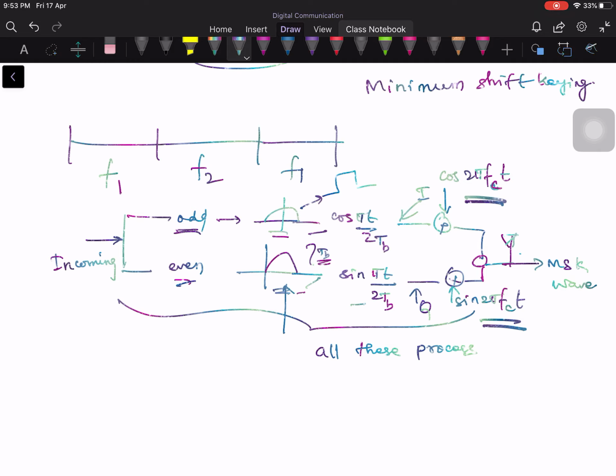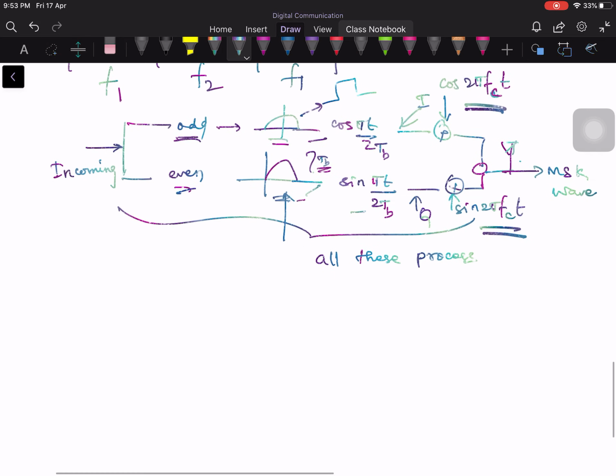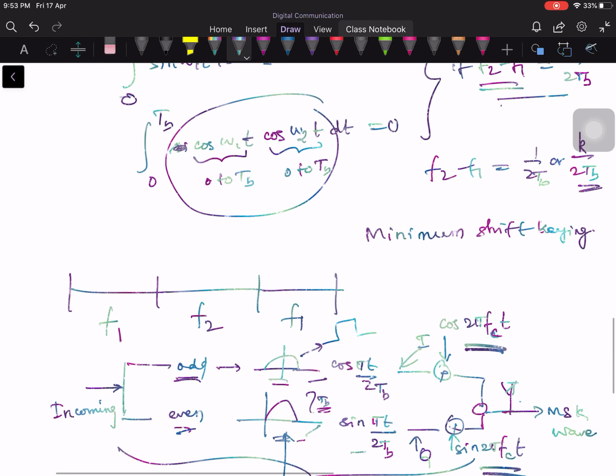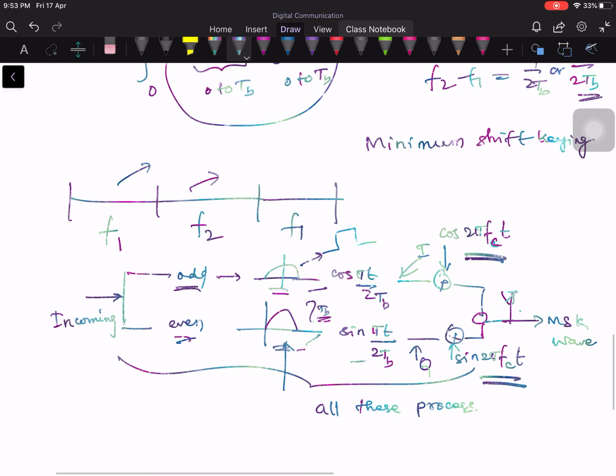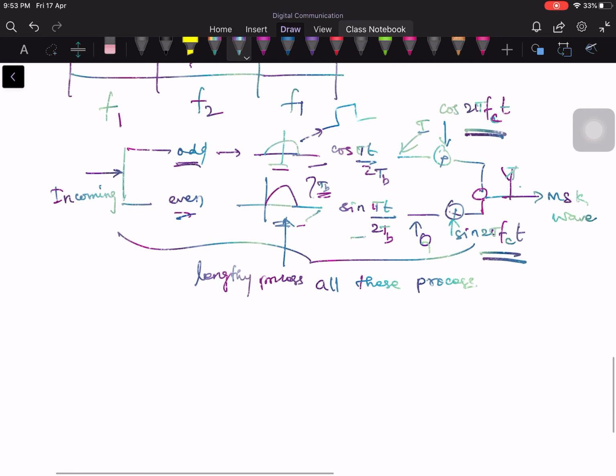This is how we have reviewed MSK generation so far. But now what I am suggesting is, since we can view the frequency of the MSK waveform as either f1 or f2, instead of this lengthy process, you take the incoming data stream, let's say 0 1 1 0 1 1.